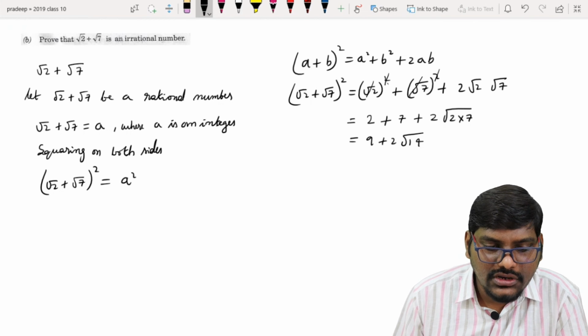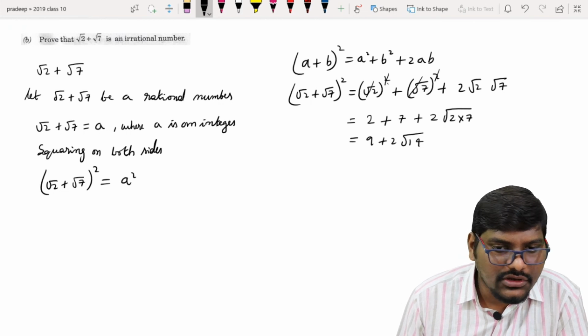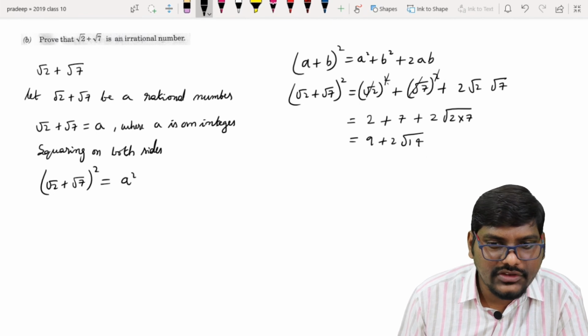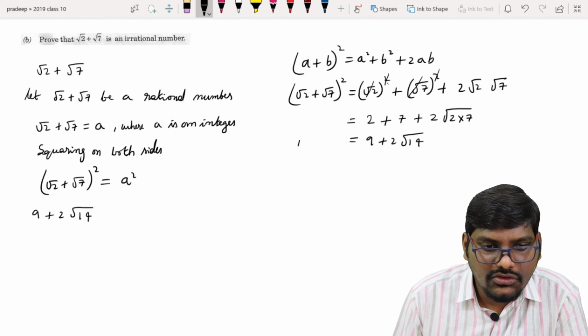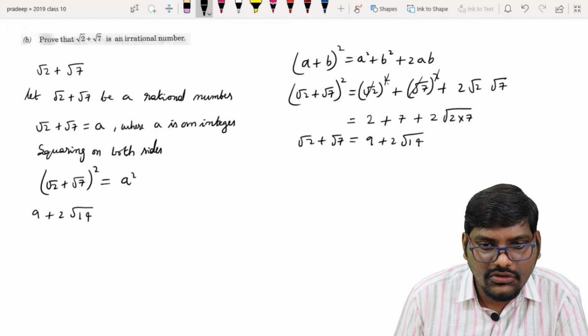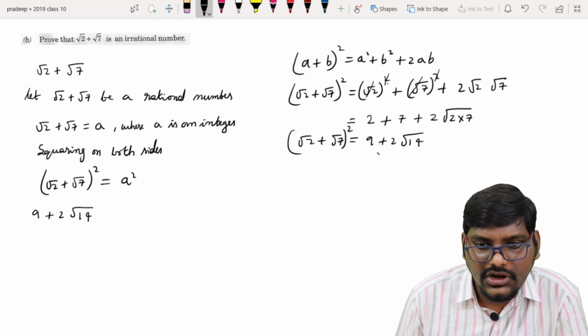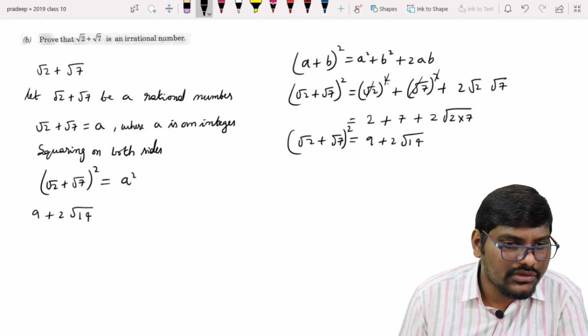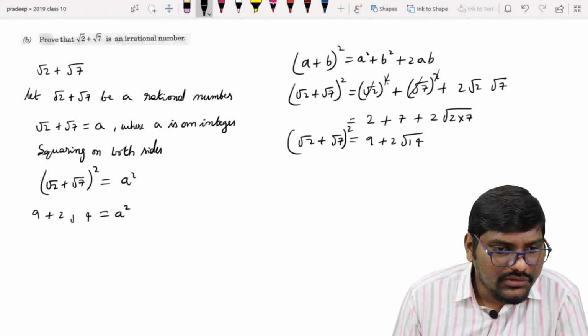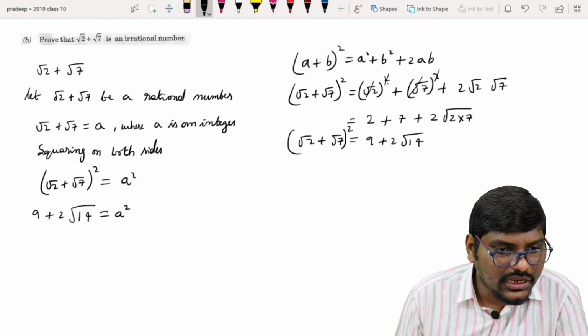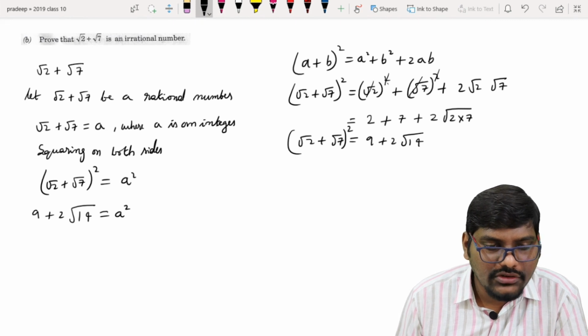This is the thing which we got here. So root 2 plus root 7 whole square, that we got as 9 plus 2 root 14, we substitute here. So that is A square. So now whatever we got here, 9 plus 2 root 14 equal to A square.